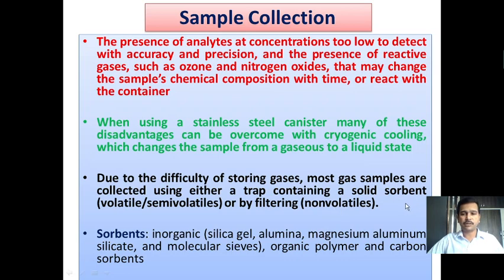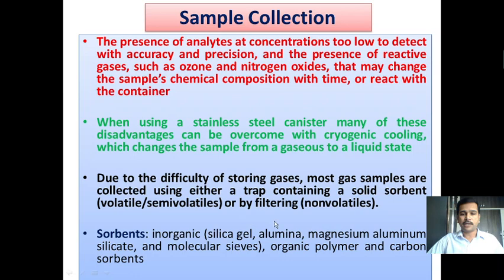So how to use this solid sorbent? The solid sorbent is used in such a way that if the volatile or semi-volatile species are polar, the sorbent will also be polar. The adsorption or interaction of these volatile or semi-volatile species will occur over the surface of the solid sorbent. The non-volatiles can be trapped over the surface of the solid sorbent, or they may be removed by the filtration process.